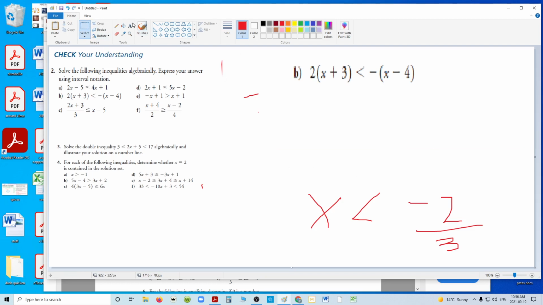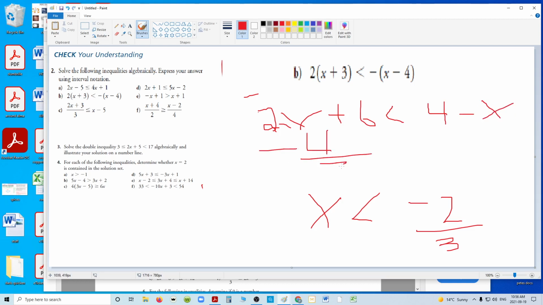Let's use the expanded version. So I get 2x plus 6 is smaller than -x plus 4, which is the same as 4 minus x. 2 times this is -4/3. That's what I forgot to do, plus 6. So that ends up, what's 1 1/3?